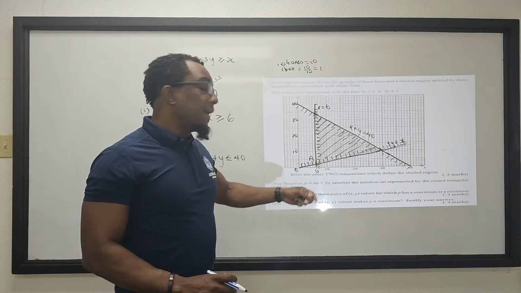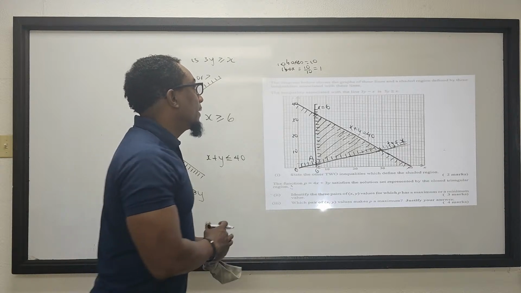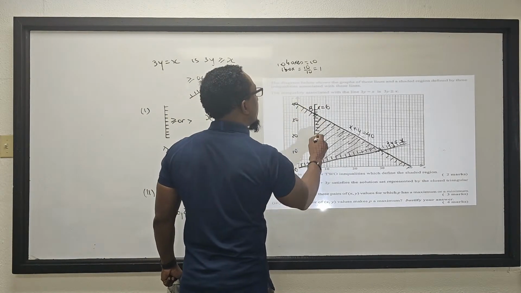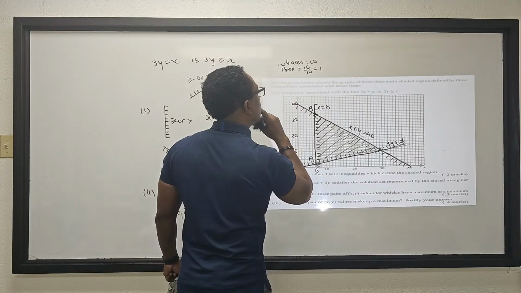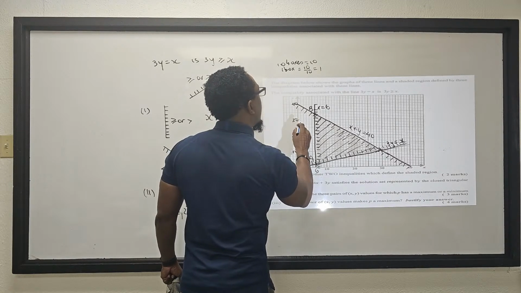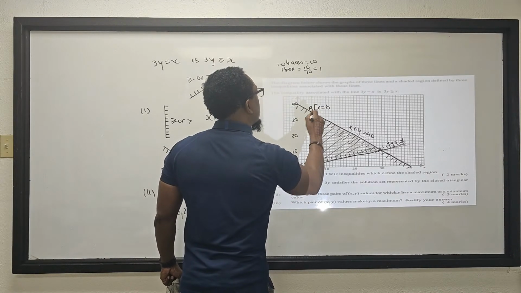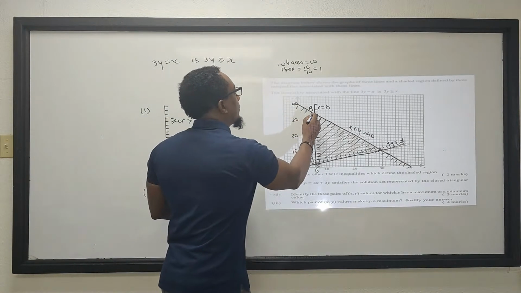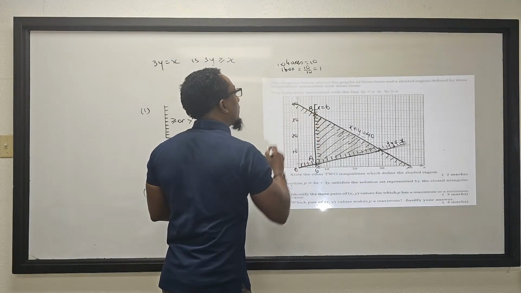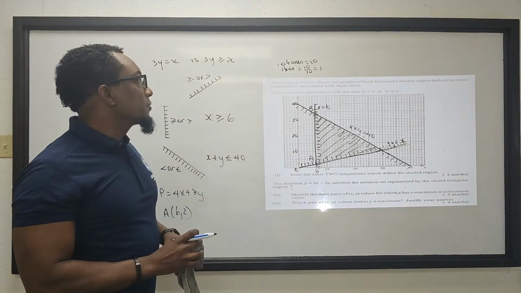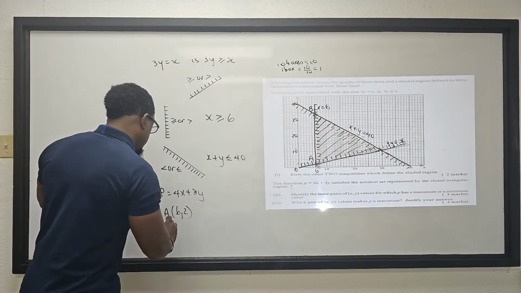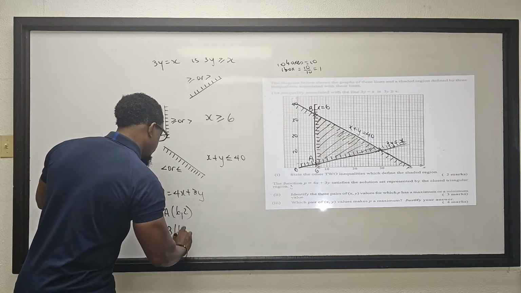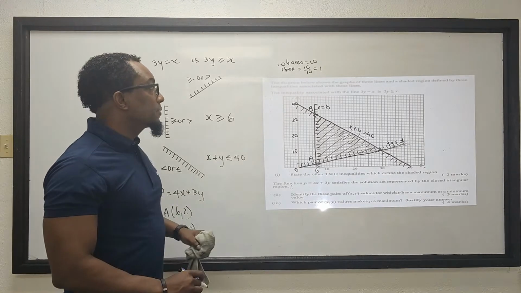Alright, so they want us to identify 3 pairs of xy. The other will be B, and that will be 6, and this is 30. That can be about 6, 34. So B is 6 on the x, 34 on the y.